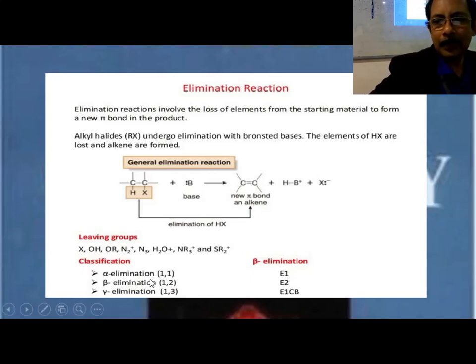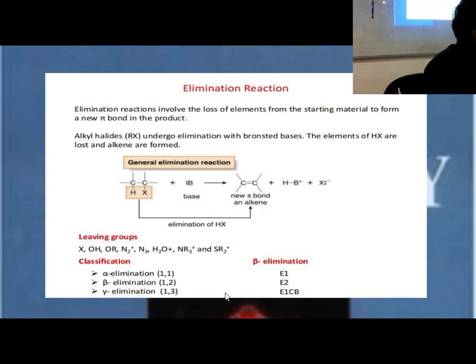Alpha elimination means 1,1 elimination. For example, you have both the halogens on the same carbon, and your double bond or triple bond is forming. Elimination can give you a double bond or a triple bond, alkene and alkyne.